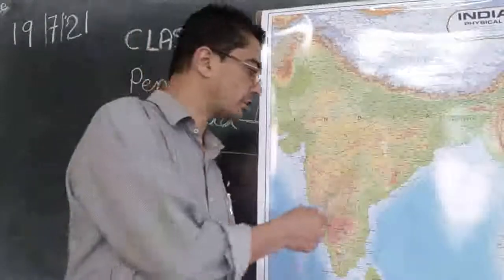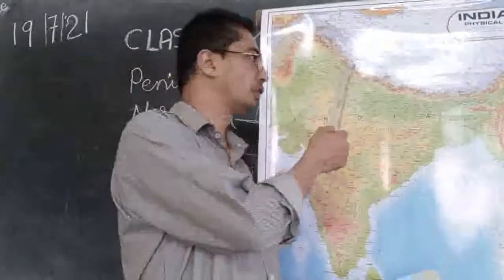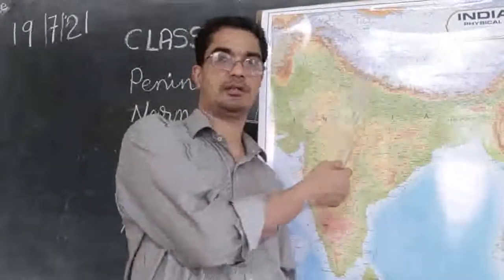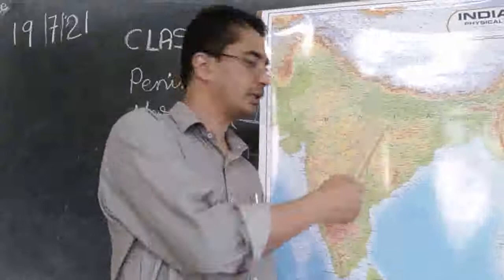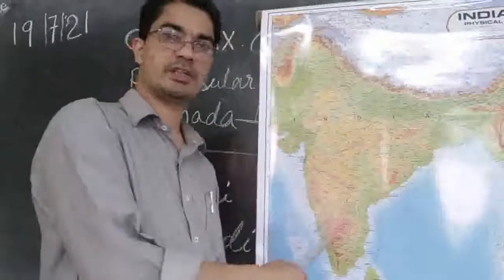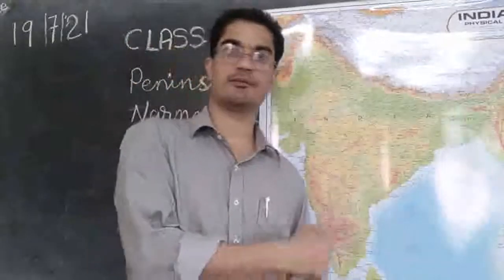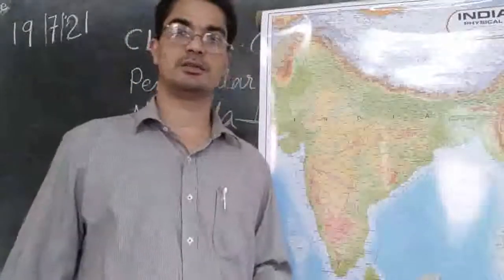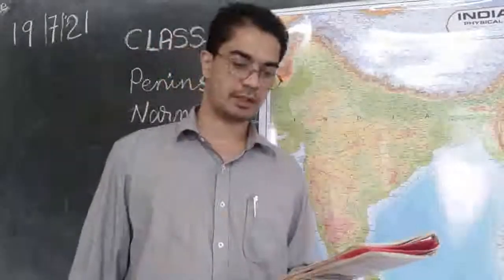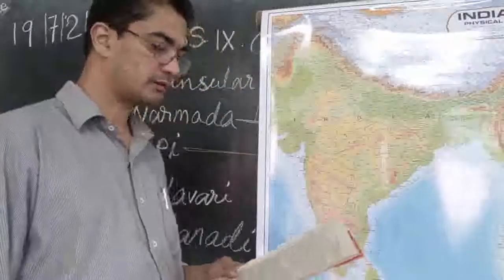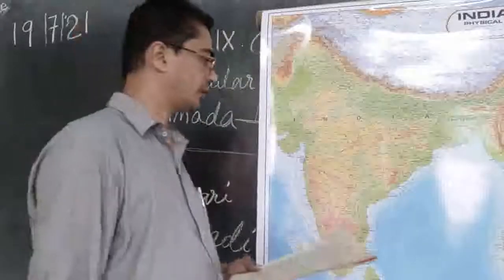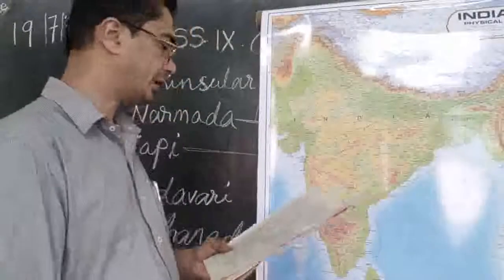Therefore, they like to call it by the same name as the big river, the Ganga of North India. So here is the Ganga of North India, and here the Ganga of the South. Which river is known as Dakshin Ganga or South Ganga? The Godavari is called Dakshin Ganga. That is all about the biggest river of the Peninsular Plateau, the Godavari.